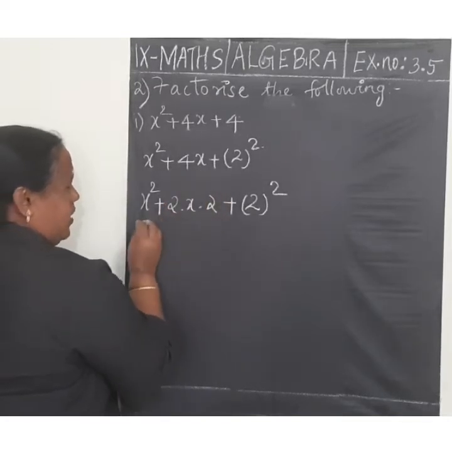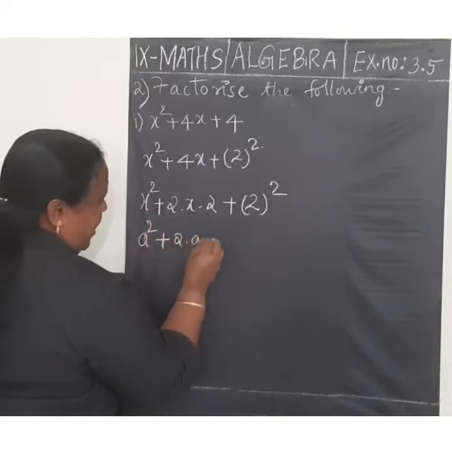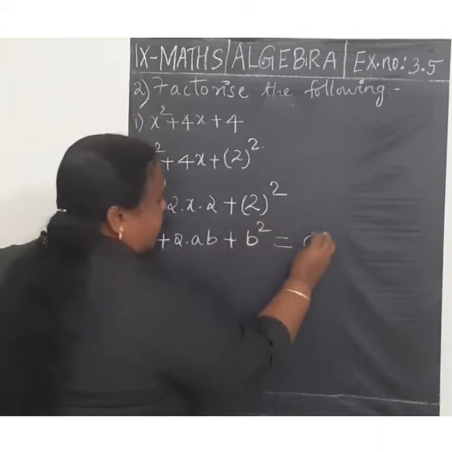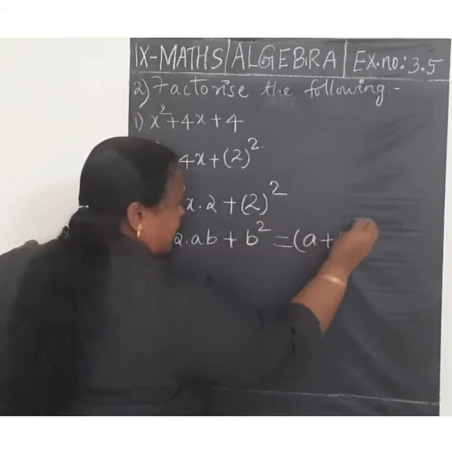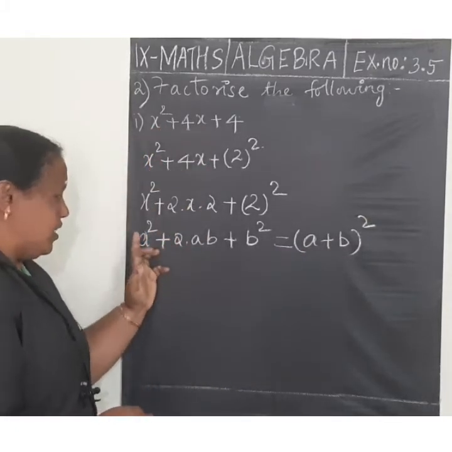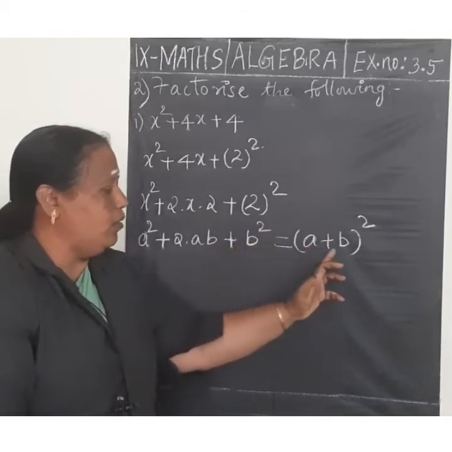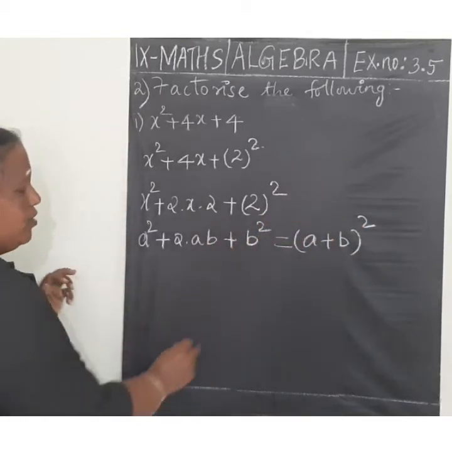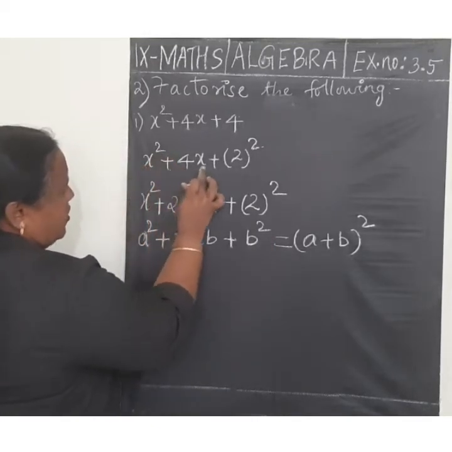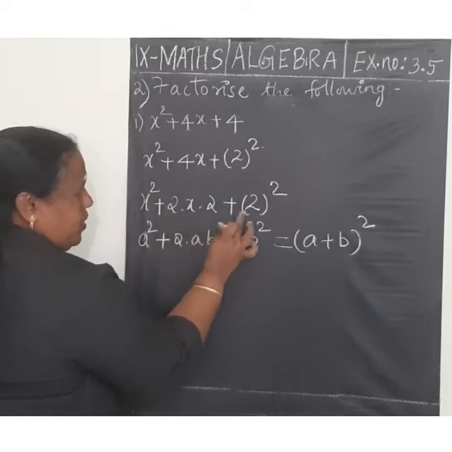This is in the form of a squared plus 2ab plus b squared, which is equal to a plus b the whole square. We know this identity. The given polynomial x squared plus 4x plus 4 is split as x squared plus 2 into x into 2 plus 2 squared.